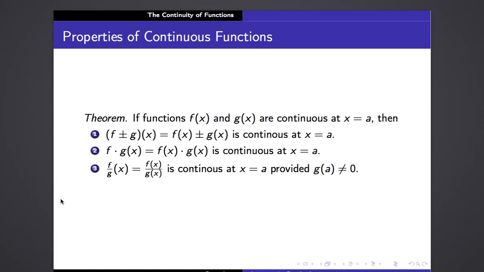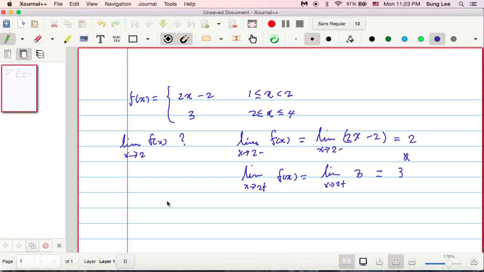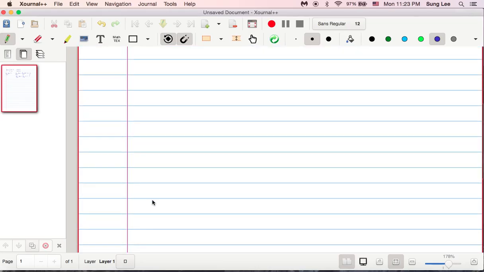Okay, do you remember those nice properties of limits, like the limit of f plus the limit of g? Actually, I better write it down. Okay, so let me go to my notepad. These properties. So the limit of f of x plus g of x, and actually the same goes for minus as well, when x approaches a.